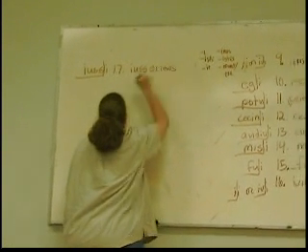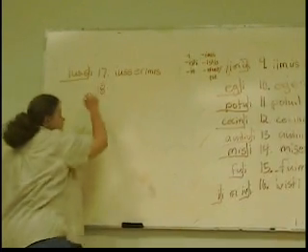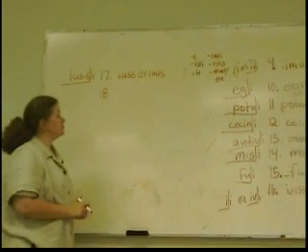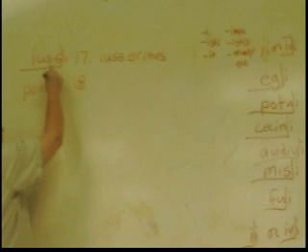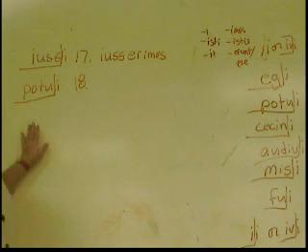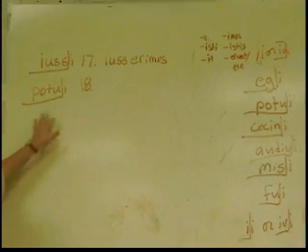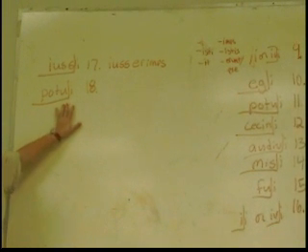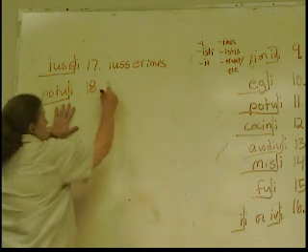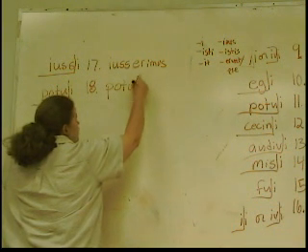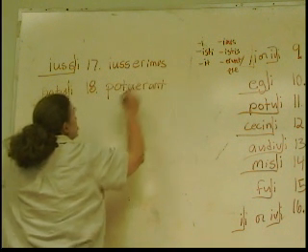Iusserimus, we shall have ordered. Megan? Okay, they had been able, and I got that it was pluperfect, but I didn't have the third stem. Yeah, it comes from possum, whose third principal part is potui. And I got erant for the ending. Was it they had been able? Yes.